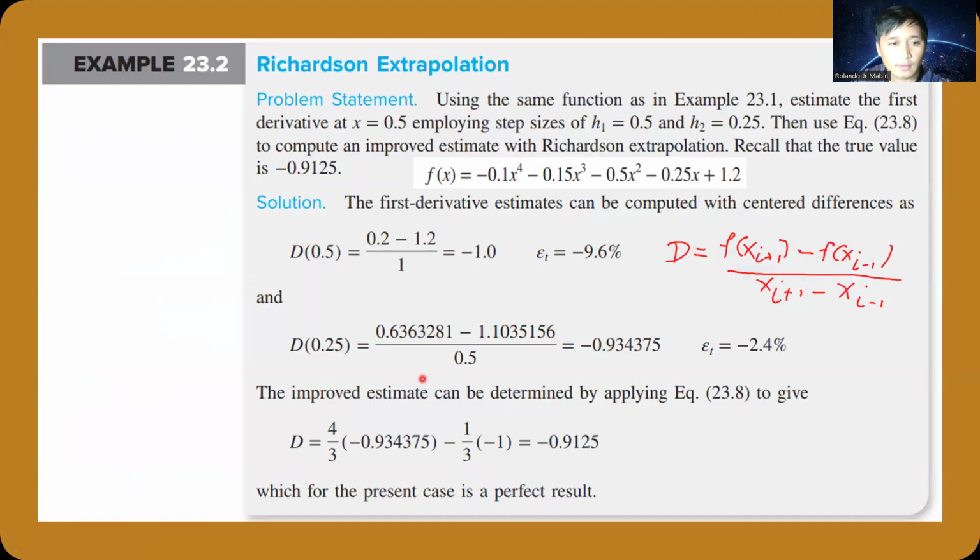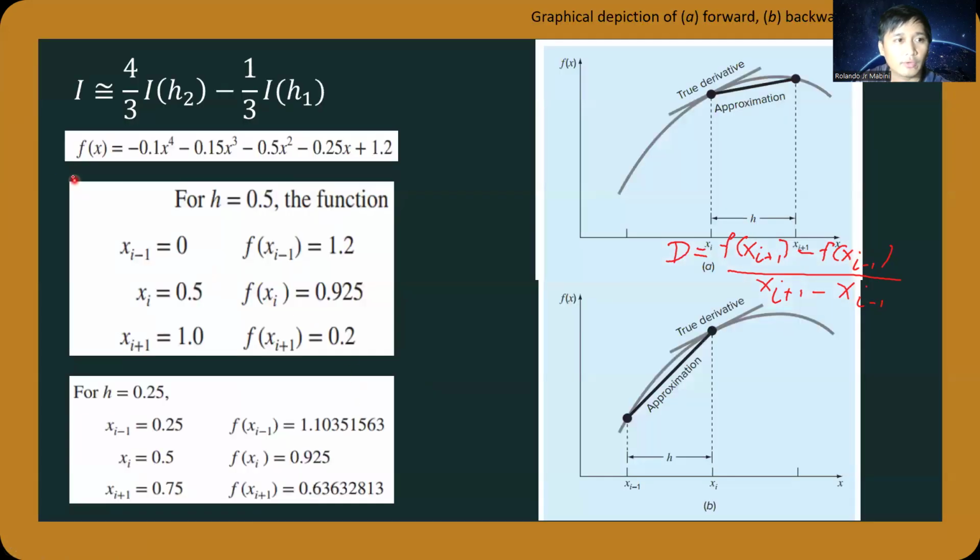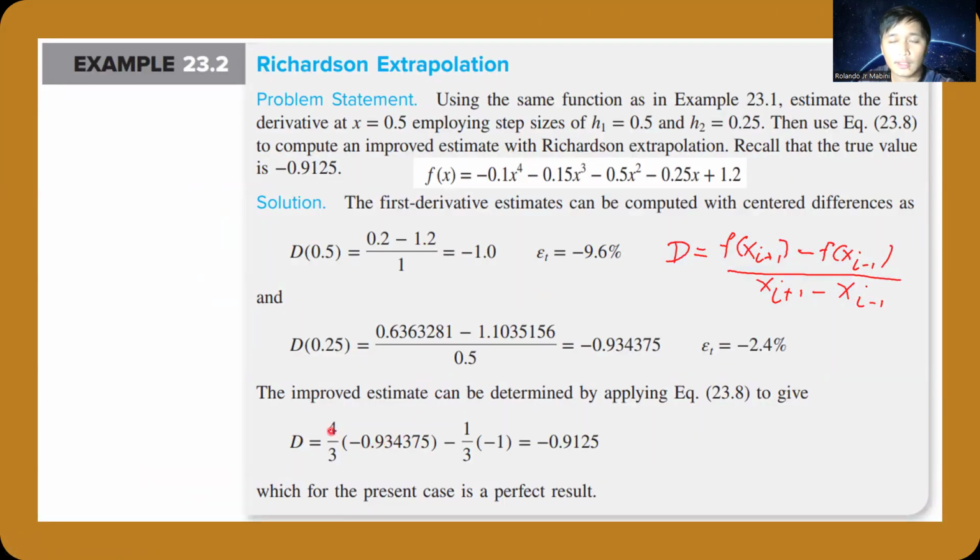By the way, maybe you are wondering why this is D and our derived equation is I. So the idea is that since we are dealing with derivatives here, this topic is more on derivatives, and the Romberg is more on the integration part, but still we can use this Richardson extrapolation in estimating the true value of the function.